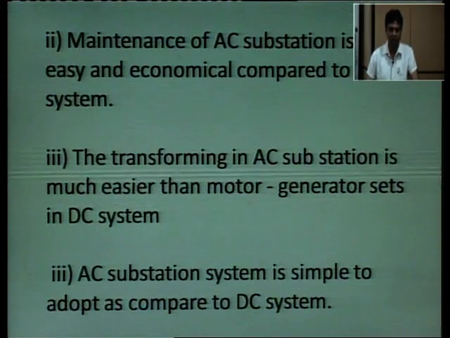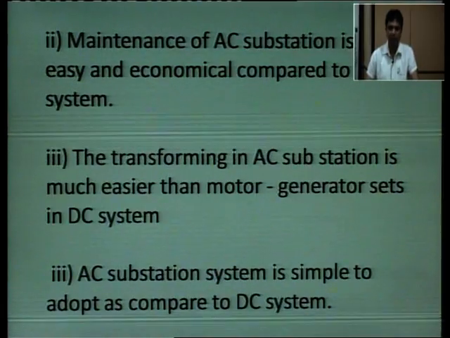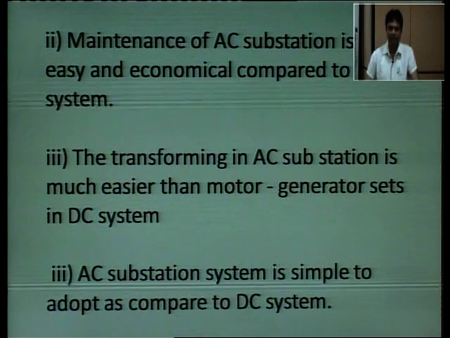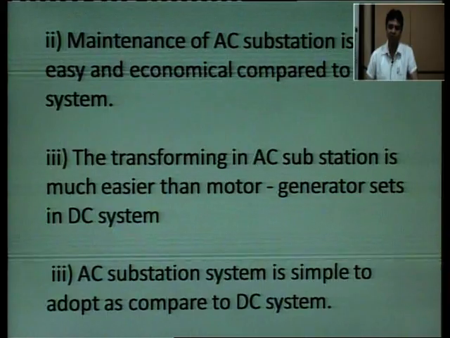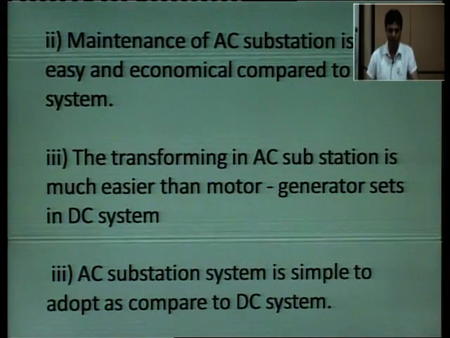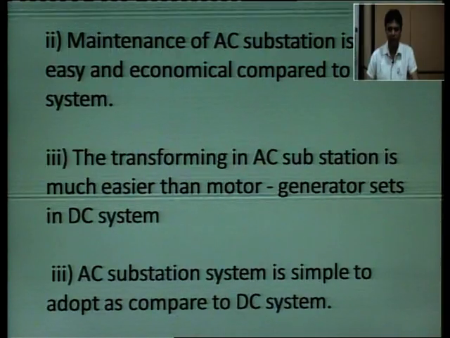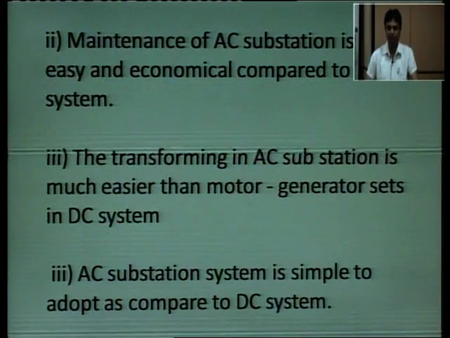The transforming in AC substation is much easier than motor generator sets in DC system. Third one is AC substation system is simple to adopt as compared to DC system.